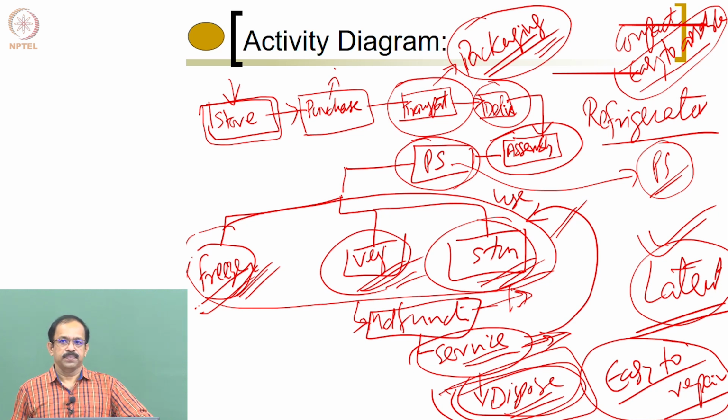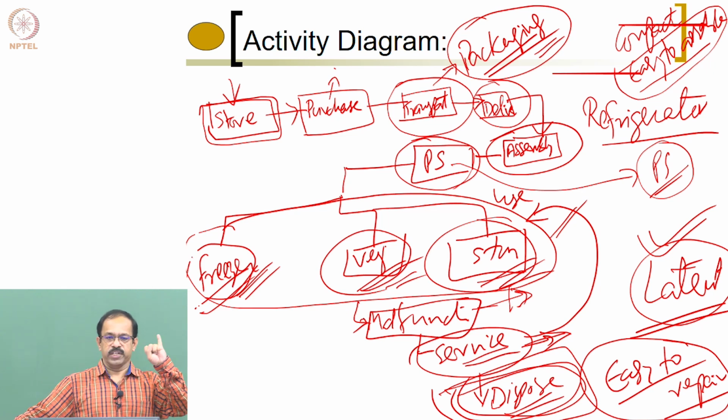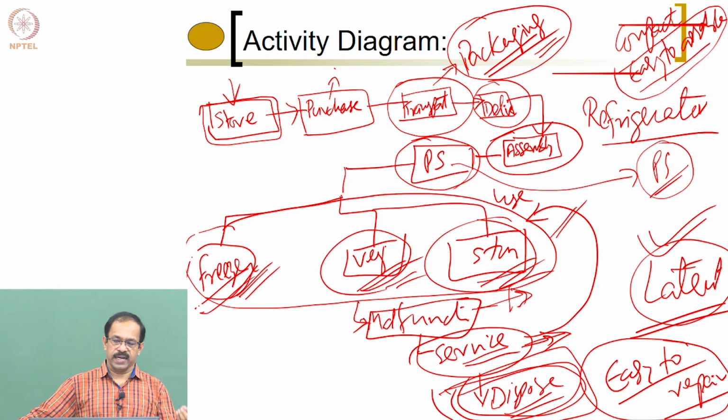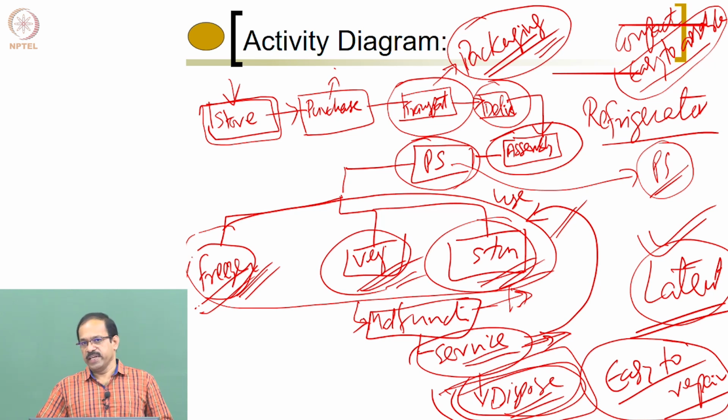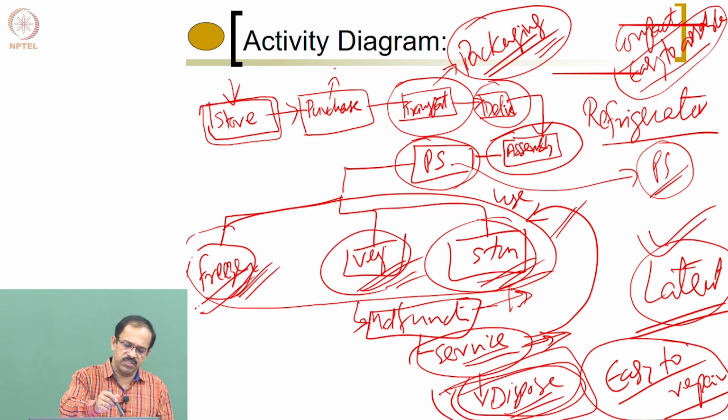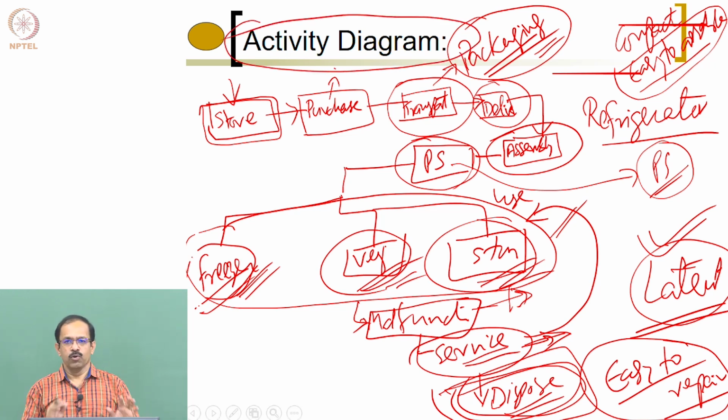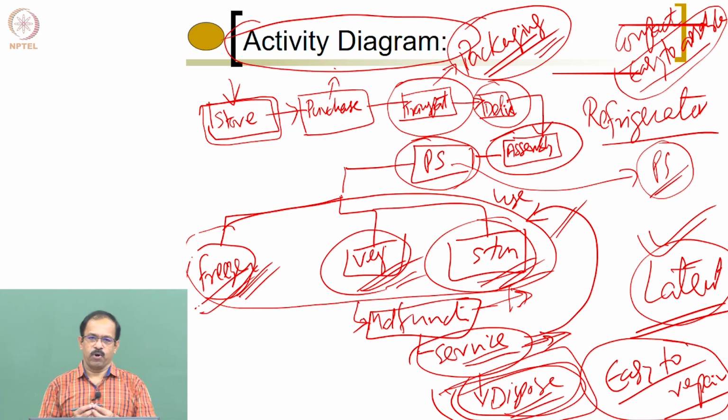Got it? Okay, so the direct needs can be obtained using questionnaires or interviews, but the latent needs cannot be obtained from the customer directly, and therefore we need to go through a different process and identify the latent needs. So one of the easy ways to do this is the activity diagram. You look at the activities happening in the product or the life cycle of the product and see if there is any specific instance where you can identify a particular need.